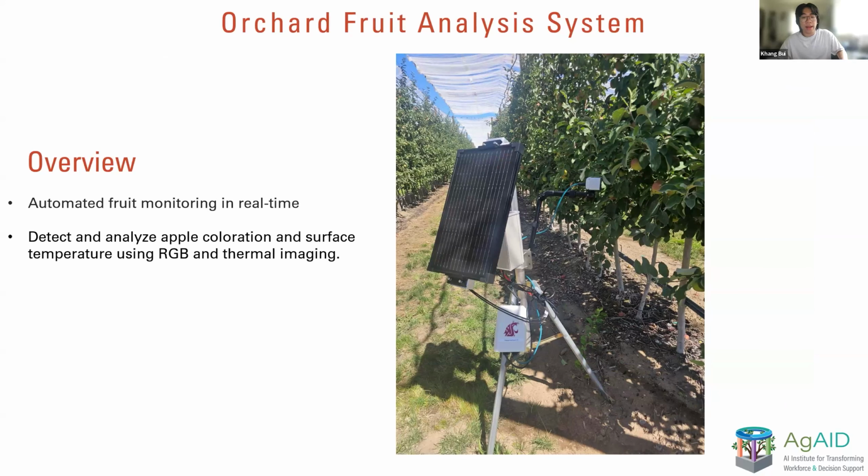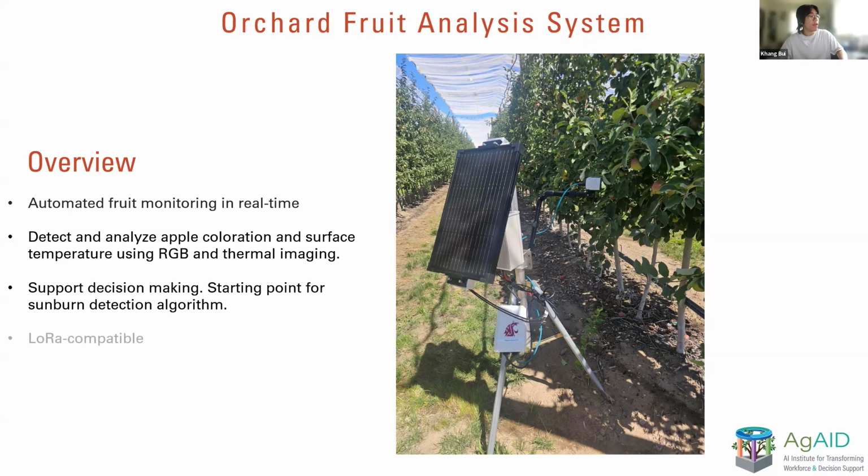The data collected by the system can help support better decision making in the field, like adjusting irrigation, harvest timing, or deploying shade nets. It also serves as a foundation for the sunburn detection algorithm developed by another engineer of AgWeatherNet. And finally, the system is LoRa compatible, which allows us to wirelessly transmit process data over long distances.